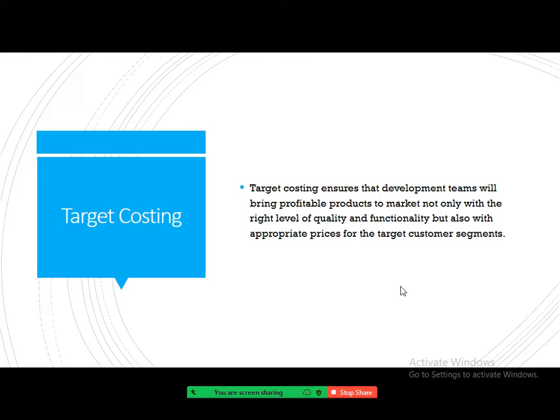The process, sometimes known as design to cost, ensures that the development team will bring profitable products to market not only with the right level of quality and functionality, but also with appropriate prices for the target customer segment.